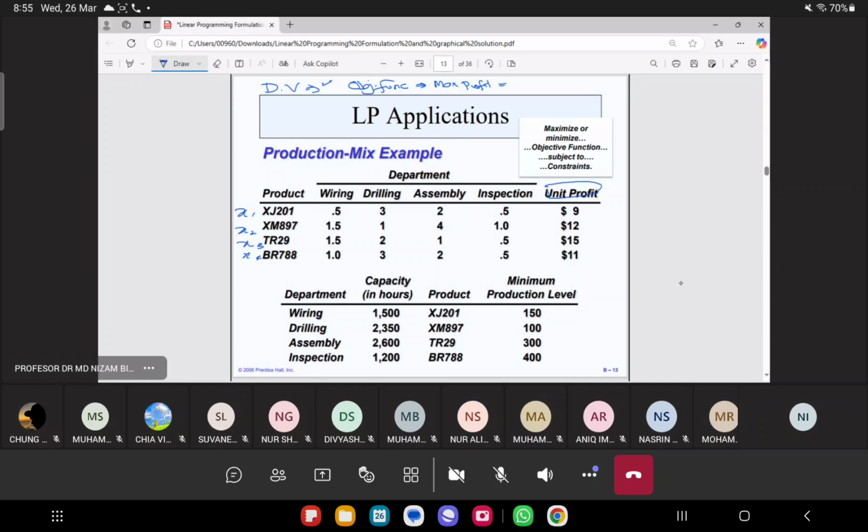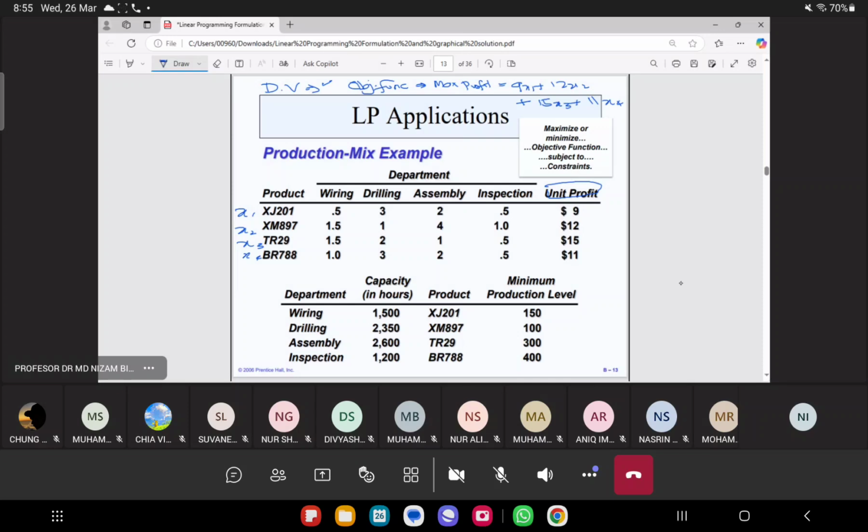So I can calculate the profit equals 9X1 plus 12X2 plus 15X3 plus 11X4. So that's my objective function, right? I have decision variables defined and objective function defined: maximize profit equals 9X1 plus 12X2 plus 15X3 plus 11X4.